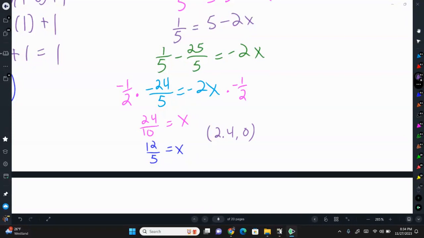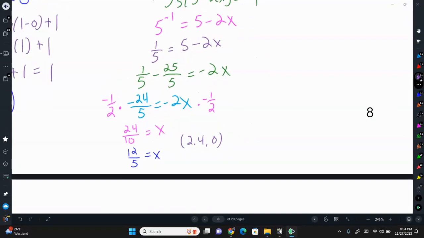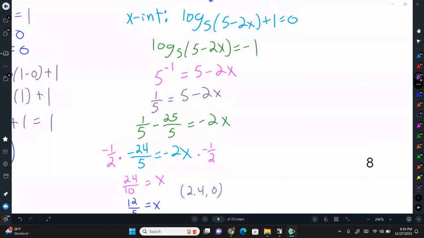Now for my other point. Again, it doesn't matter which way you do it. I'm going to set the inside equal to 1. So for my other point, 5 minus 2x is equal to 1. Subtract 5 from both sides. Negative 2x equals negative 4. x equals positive 2.